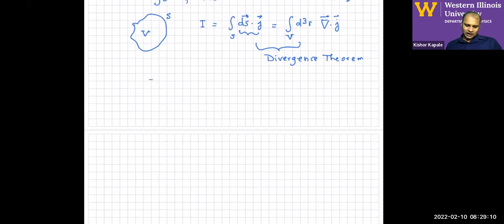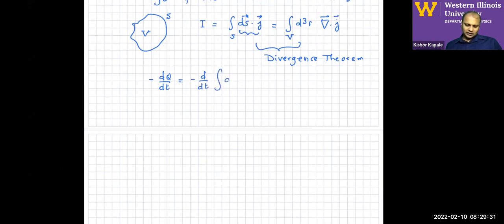Now let's take a look at the time rate of change of the charge, which will be lost as the current is flowing out of the volume. If you look at the total charge in that volume, we are going to lose charge because the current is flowing out.